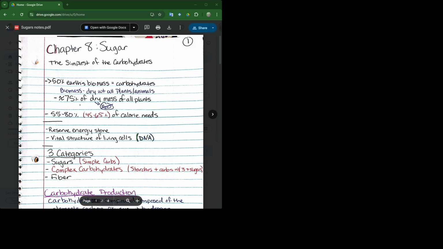And so I put that in there, vital structure of living cells. And it notes DNA. Well, that's an example, right? And so actually this is green here. So I put this DNA in green. Here's an example of what is providing the vital structure for: DNA within living cells, okay?